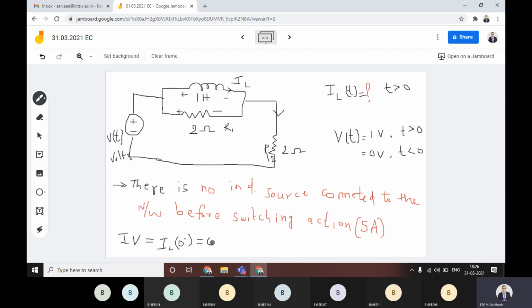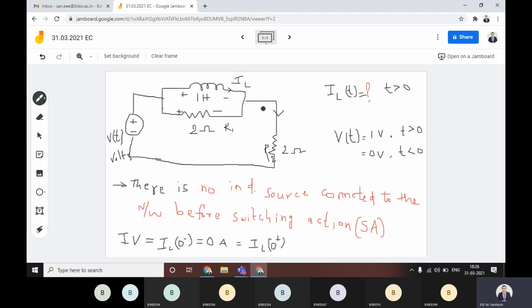Obviously the value is 0. Without a source there is no current flow. In the case of a DC source with RLC, understand this point: before the switching action there is no source, so there is no current flow through this inductor.